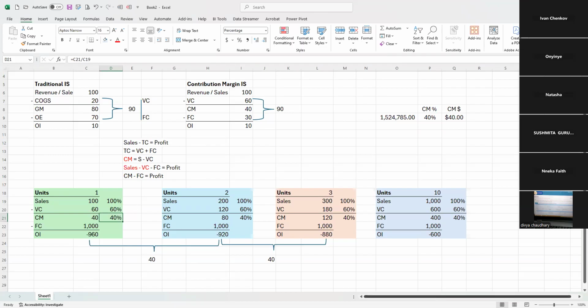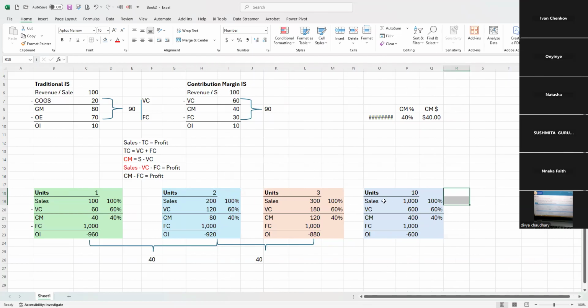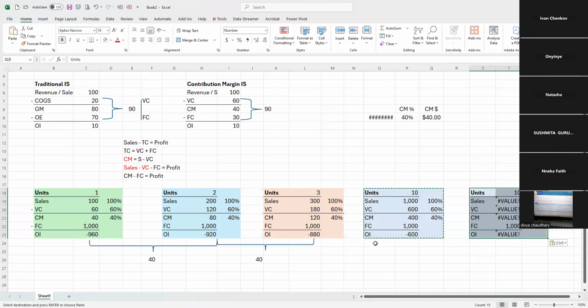So what do I have to do now? Imagine I want my operating income to be 0. Do I know my fixed cost? Yes, 1,000. Do I know my contribution margin as a percentage?